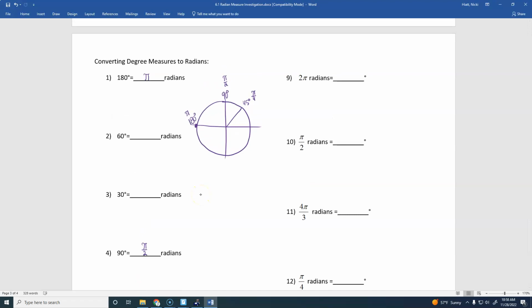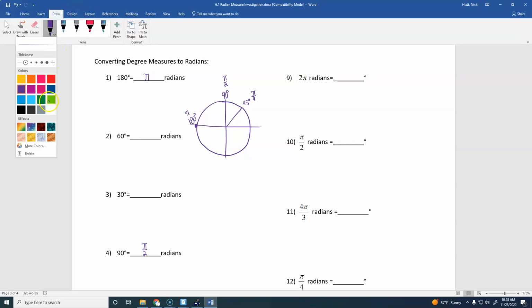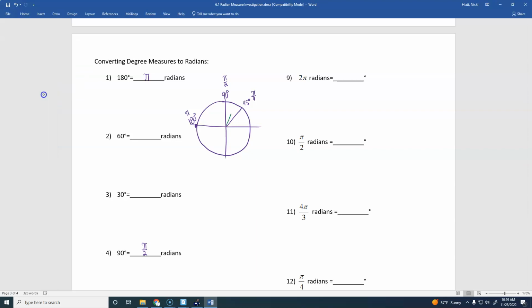If I'm thinking 60 degrees, let me use a different color here to draw that in. 60 degrees would be right here. And let me add in 120. 120 would be right here. If this whole distance all the way around right here is pi, and I split it at 60 and 120, that would be 3 equal increments.